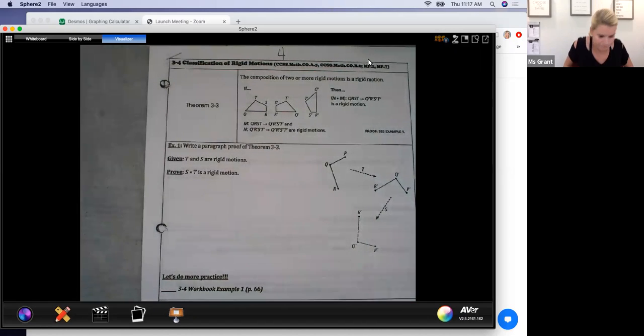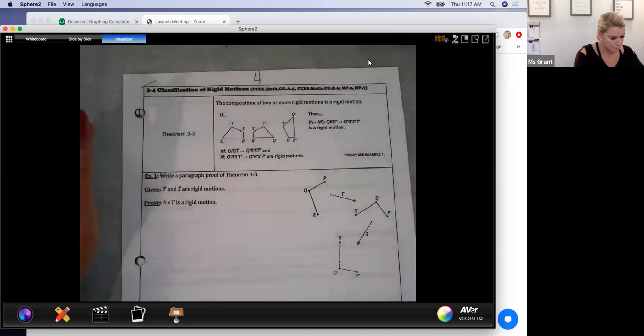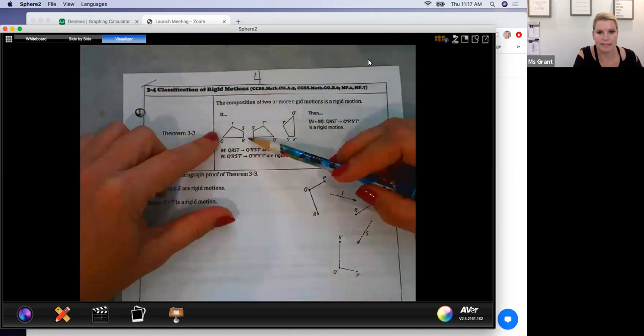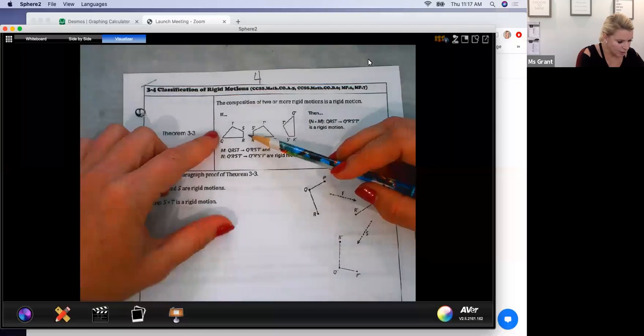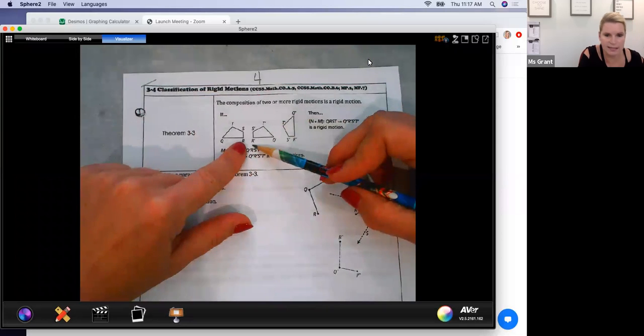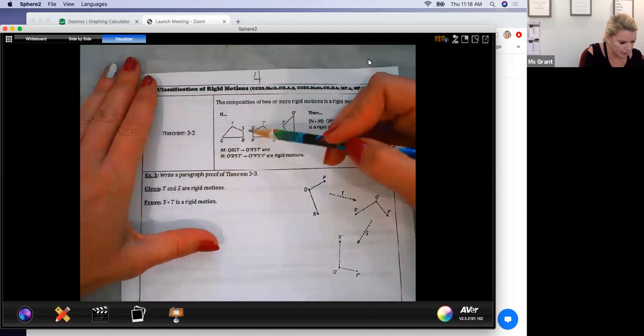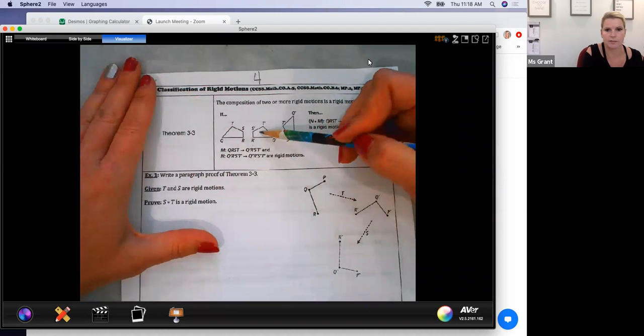Basically a composition. So what I have up here is a theorem, and it says that if I have QRST, and then I go to QRST prime, look what happened. Look how the R's and the S's and the T's. So what happened right here? Did I rotate? Did I translate? Did I reflect?